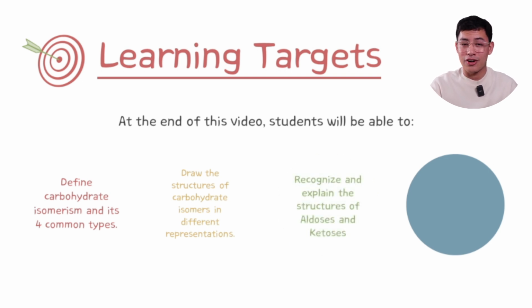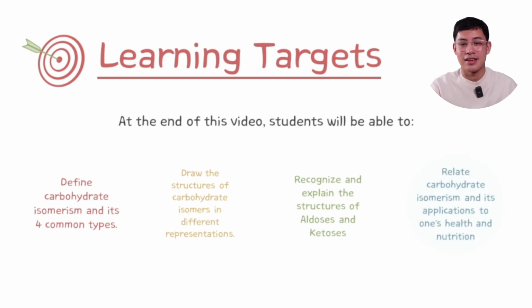Then, we're going to recognize and explain the structures of aldoses and ketoses. And lastly, we're going to take all the things we've learned from parts 1 to 3 and relate the topic of carbohydrate isomerism and its applications to one's health and nutrition.